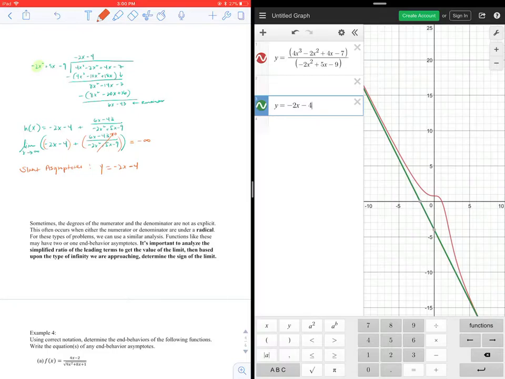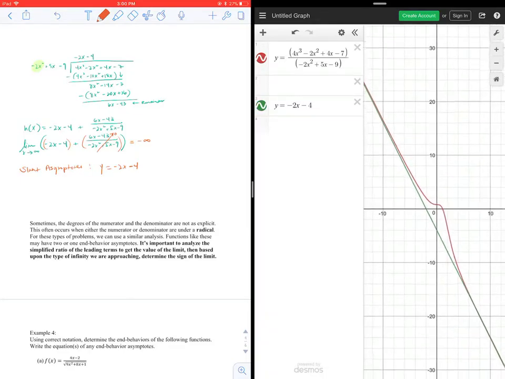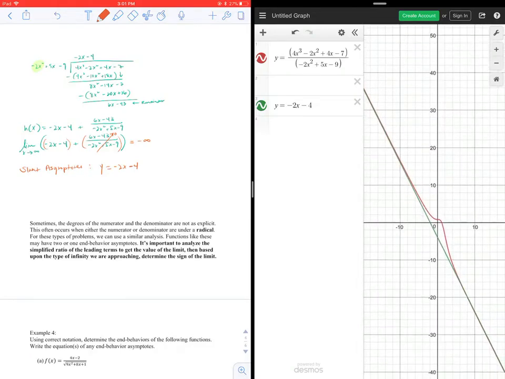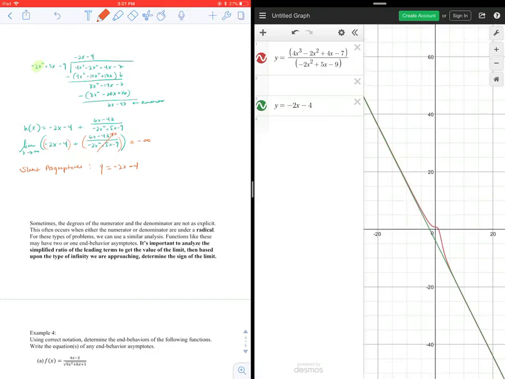Now close to the origin, the line doesn't really look like it matches up with the graph of h of x. But if we were to zoom out, you can see that the graph of h of x and the line, or slant asymptote, end up looking like they're merging together as x gets larger and larger and smaller. So you can see how the function h of x ends up approaching the same values as our slant asymptote.